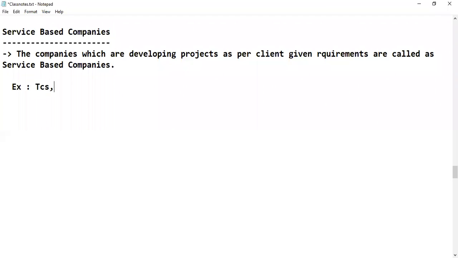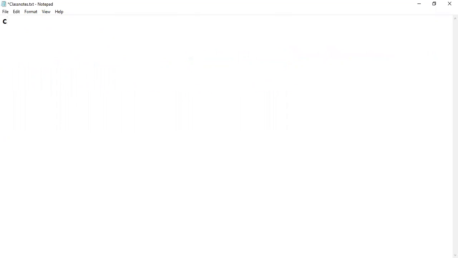Examples: TCS, Infosys, Wipro, Tech Mahindra, Cognizant, Capgemini, Deloitte.